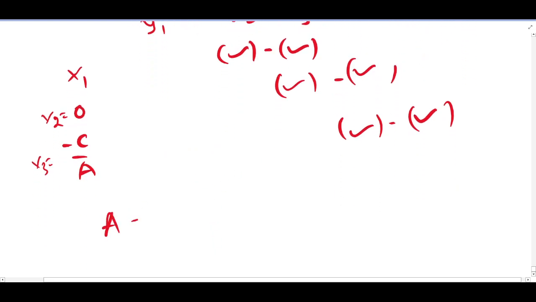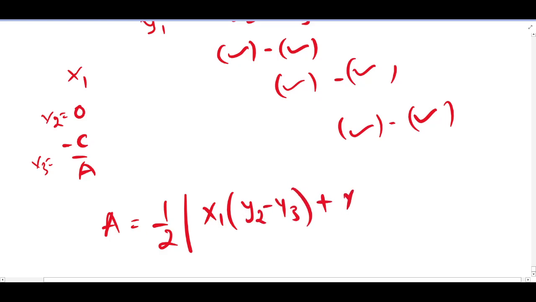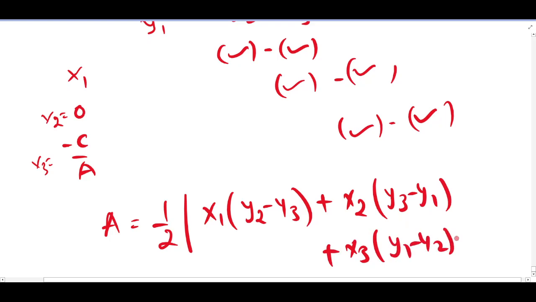So area of triangle is half modulus of x1 times y2 minus y3 plus x2 times y3 minus y1 plus x3 times y1 minus y2.